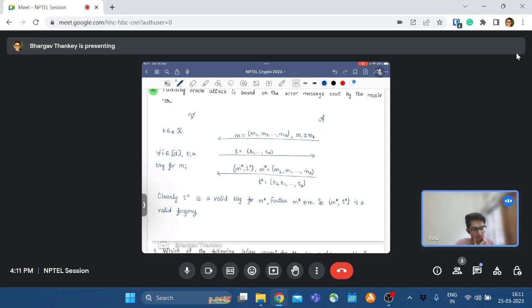Since the messages M star and M are not the same, M star comma T star is a valid forgery.